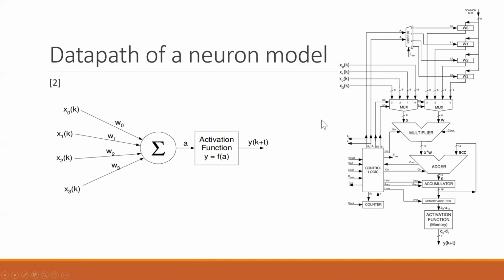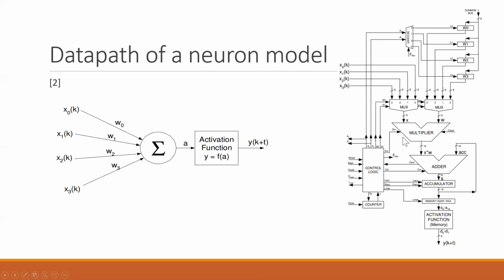But what ends up happening is, as we get each input, it's sent to the mux, and the weights are also taken in from the mux, and they're passed to the multiplier, which multiplies the input value, like x0, and the weight corresponding to x0.